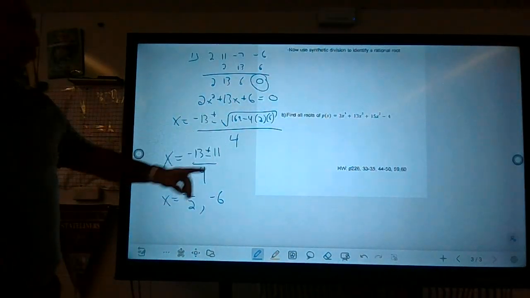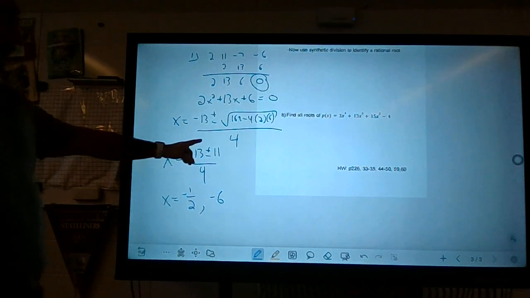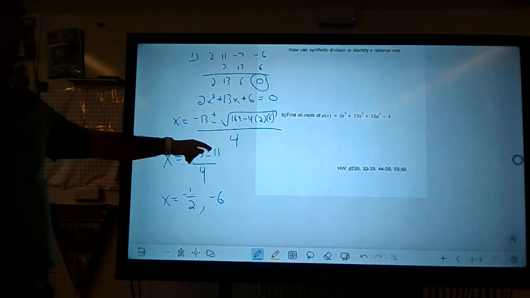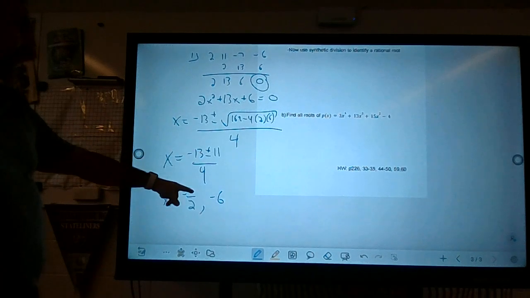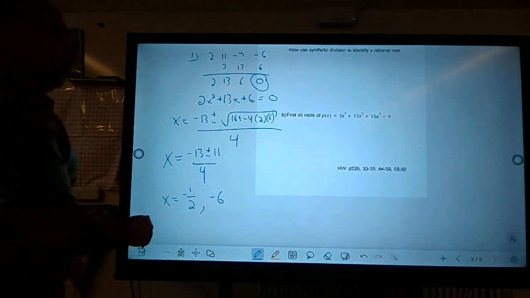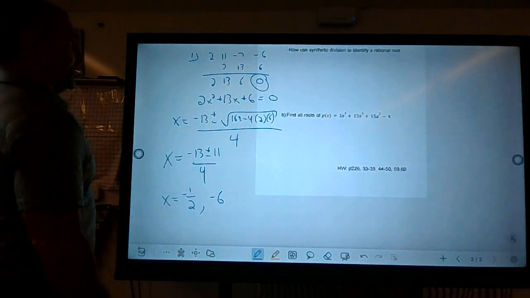As I did the quadratic formula, that actually came out to a perfect square. That means this was factorable. That's okay. Negative 13 plus or minus 11 over 4. The two answers that we will get are negative 1/2 and negative 6.